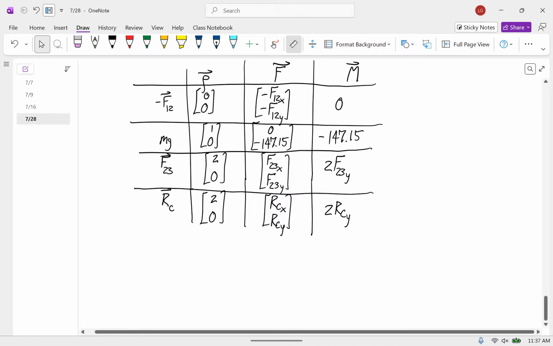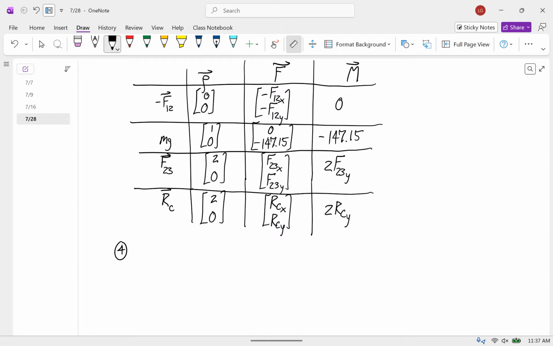We have 3 equations so far. So equation 4 comes from the x components of Newton's second law. So negative F1,2x plus F2,3x plus RCX is equal to 0.